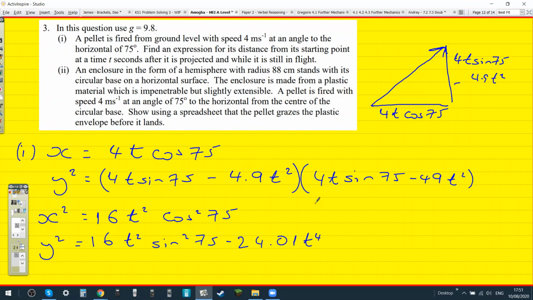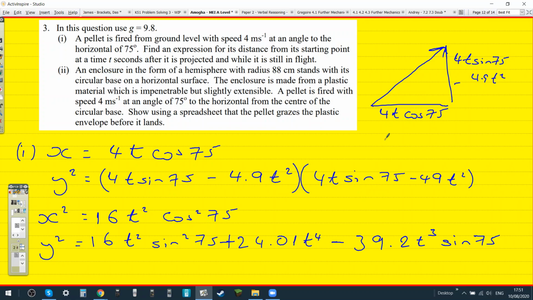So 9.8 times 4 plus 39.2 t cubed sine 75. The middle one should be minus and the end one should be plus. Yeah, that's what I think.